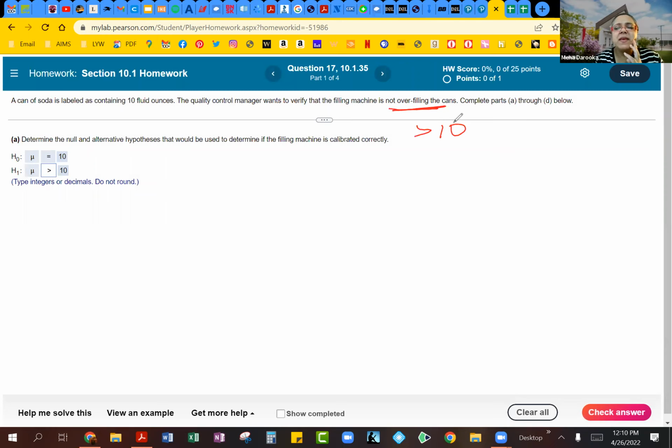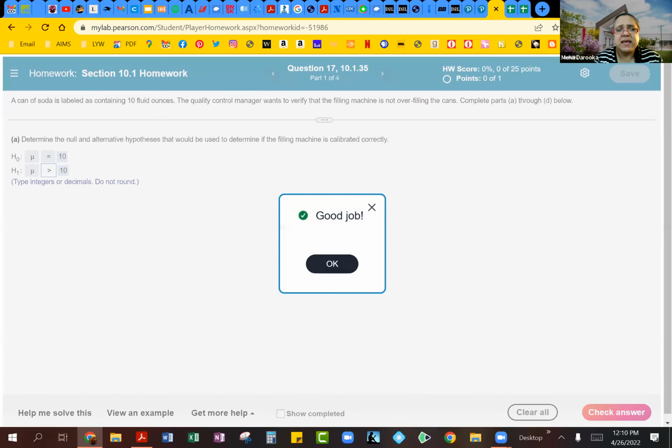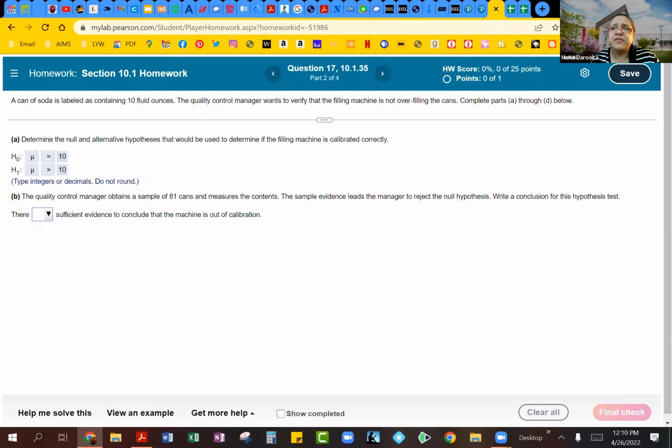And that is something you really do have to pay attention to, because sometimes you do have to look at the way the question is written or the statement is written to see, do they want us to use not equal to, do they want us to use greater than or less than? So since they're saying overfilling, they do want to make sure it's not going to be greater than 10.